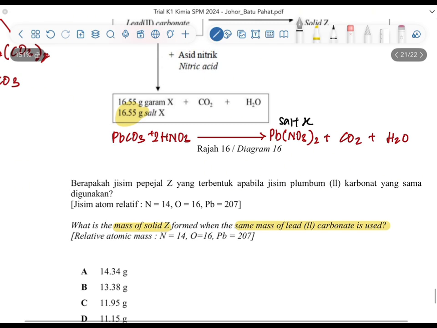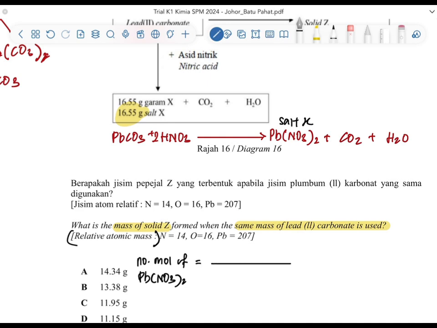Given the mass and the molar mass over here, we can calculate the number of mole of PbNO3 2, which is 16.55 divided by 207 plus 2 bracket 40 plus 16 times 3 equals 48.